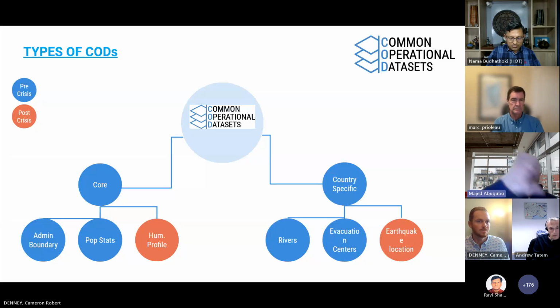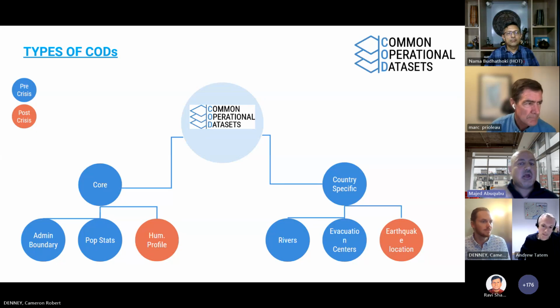In parallel to this, we have the country-specific or foundational data sets. Those are similar to what has been communicated in the previous slides. The topography, the rivers, the roads, the internally displaced centers, the health facilities, the educational facilities, and all of those data sets are valid during the crisis.